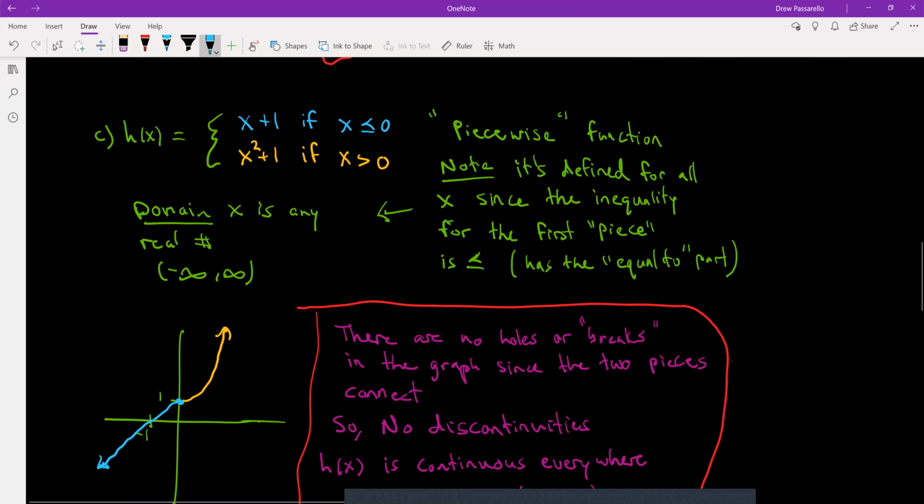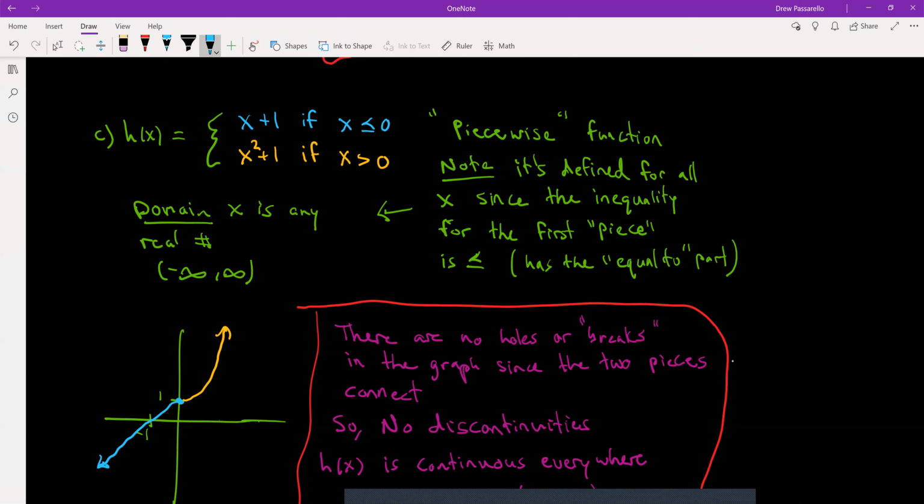And then for the other piece, the gold or yellow piece, it's x squared plus 1. And we know x squared means it's a quadratic function. A quadratic function has a parabola type of shape. And that's where I start out around 0. So since I have less than or equal to 0, I still have a closed dot at 0.